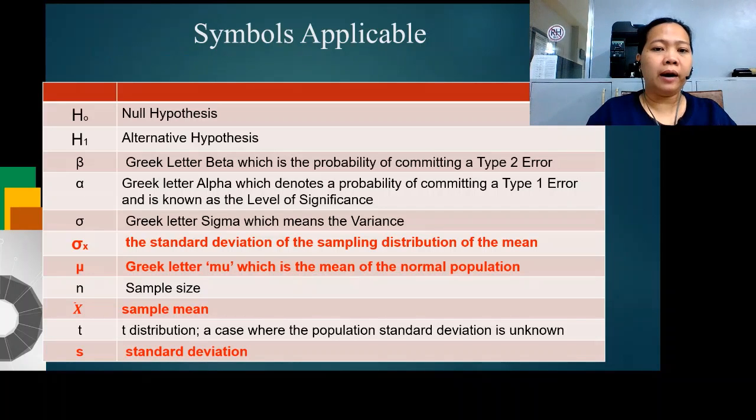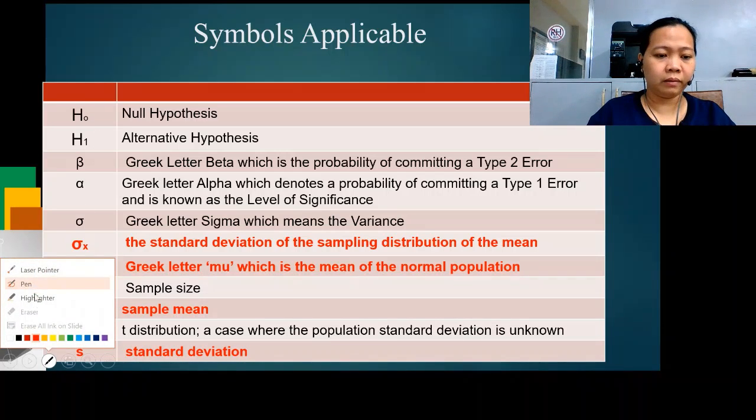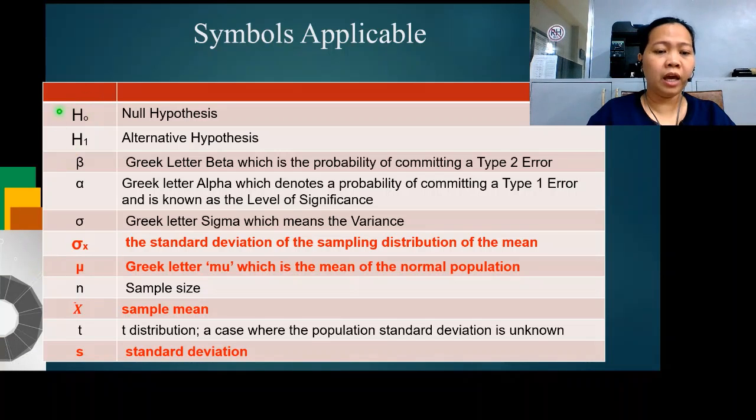Okay, these are the symbols that you should be familiarized with from time to time. So we have H0, the null hypothesis, and H1, the alternative hypothesis.